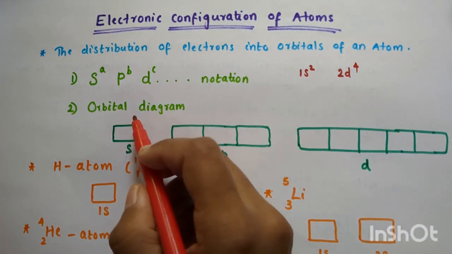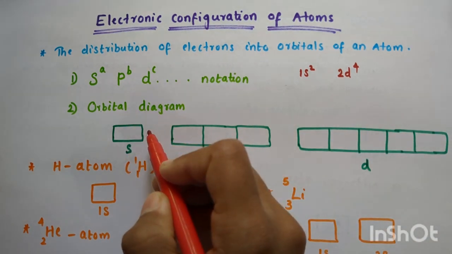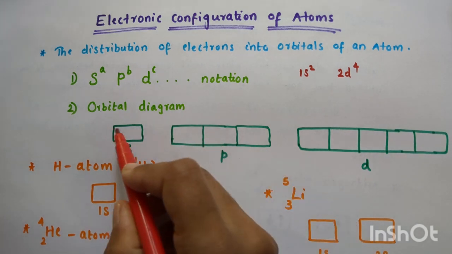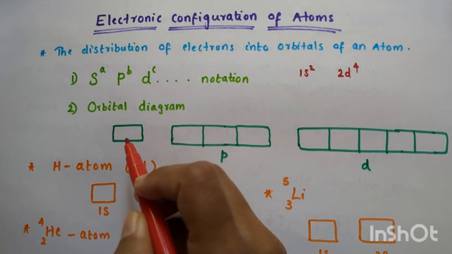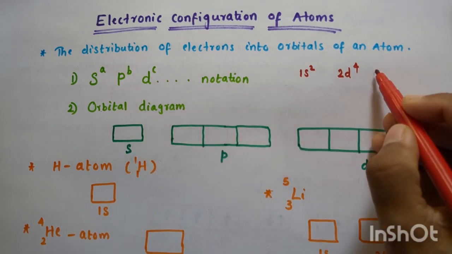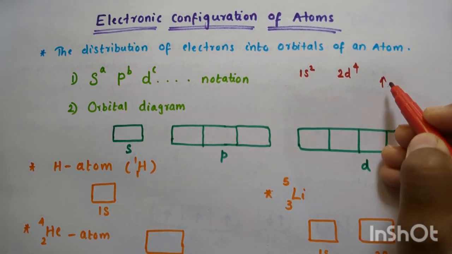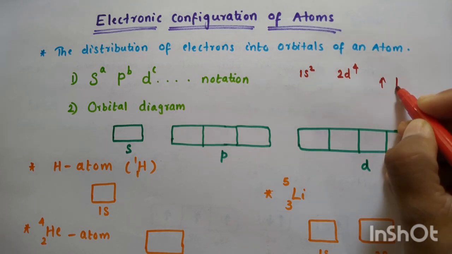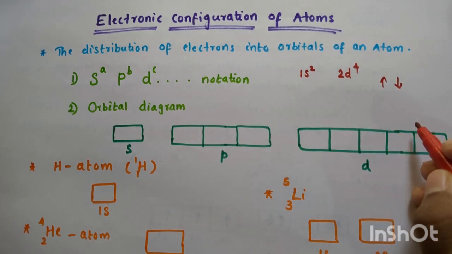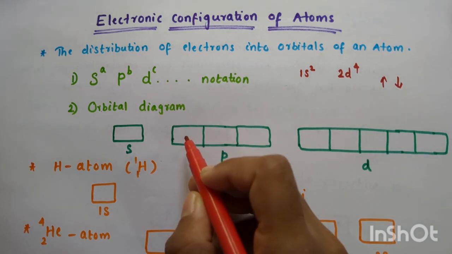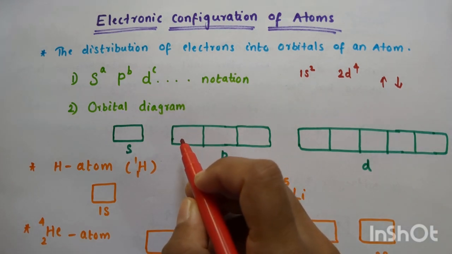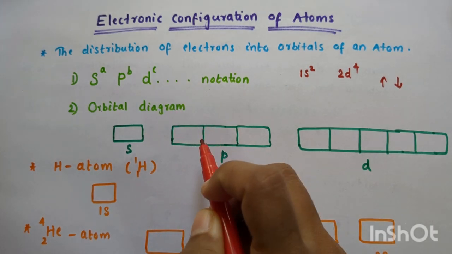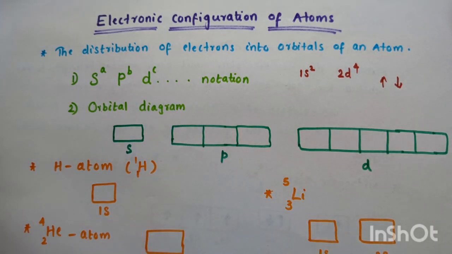In the second notation, the orbital diagram, each orbital of the subshell is represented by a box and the electron is represented by an arrow. An electron with positive spin is represented like this and an electron with negative spin is represented like this. The advantage of the orbital diagram notation over the first notation is that it represents all 4 quantum numbers.